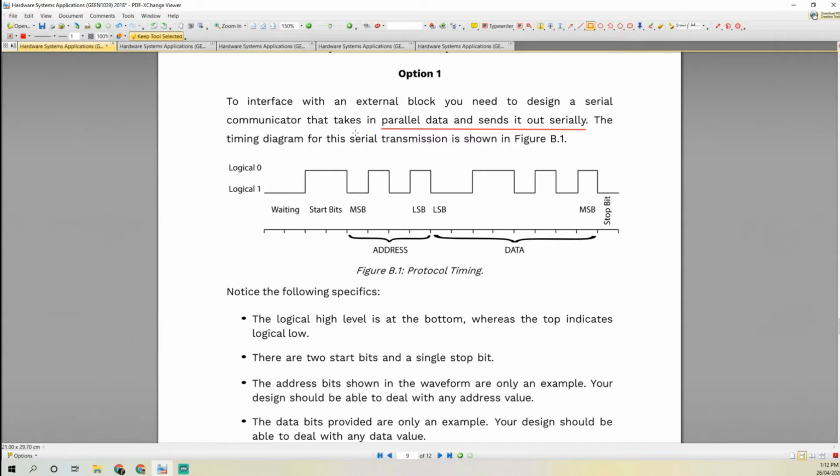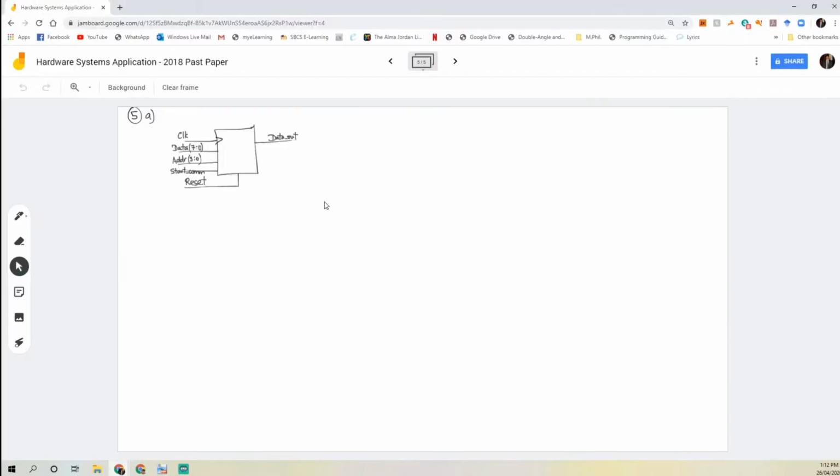You could call it serial out, anything of the sort. And it is a 1-bit value, like a single standard logic bit. Okay, and that basically brings us to the end of question 5 part A. So this is what the entity is going to look like.